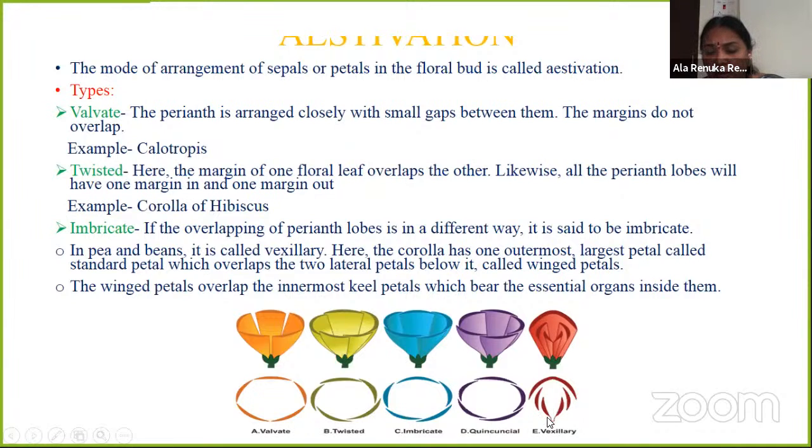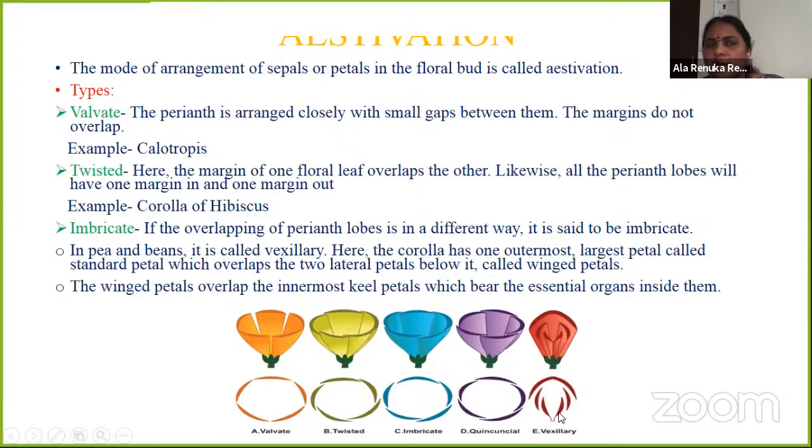In this flower, the opening will be in piston mechanism, because pollination is by insects, it is entomophilous. Insects get attracted because of the standard petal. They come and alight on the wing petals. When the insect is on the wing petals, the keel petals get pressed and they open.